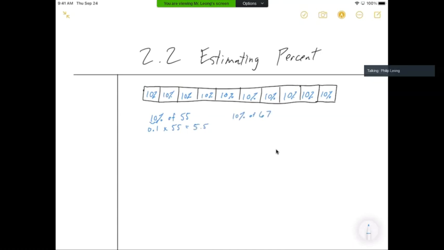Think about what happened there. Well, like we said, 10% is the same thing as 0.1. 0.1 times 67 is 6.7. Can you say 0.67? No, that's incorrect.